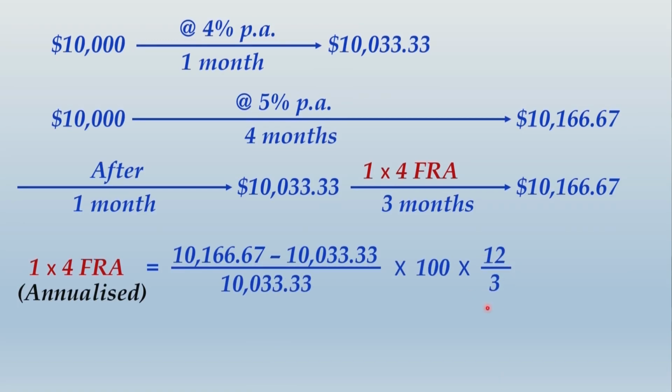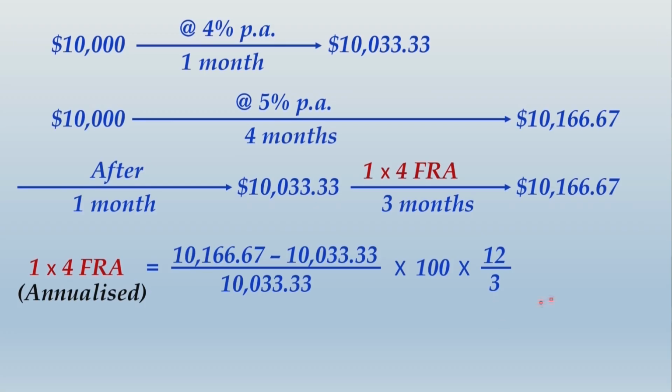See, if you multiply by 12 by 3, you directly get the annualized rate. If you don't multiply 12 by 3, you will be getting the periodic rate. So if you want to find periodic rate, use this part only, avoid this time factor. But in most cases, the question is silent, and you will always take it as annualized rate.